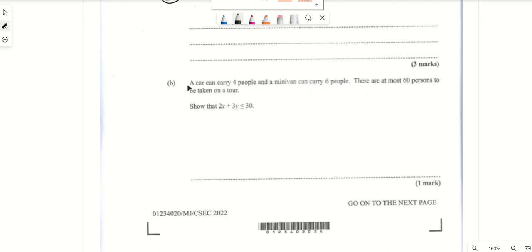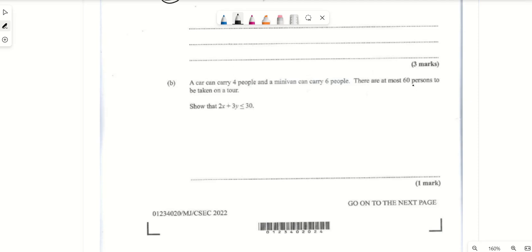We have part B. A car can carry 4 persons or 4 people, and a minivan can carry 6 people. There are at most 60 persons to be taken on tour. So for the most, right, is 60 persons. That means it would be 60 or less, right?